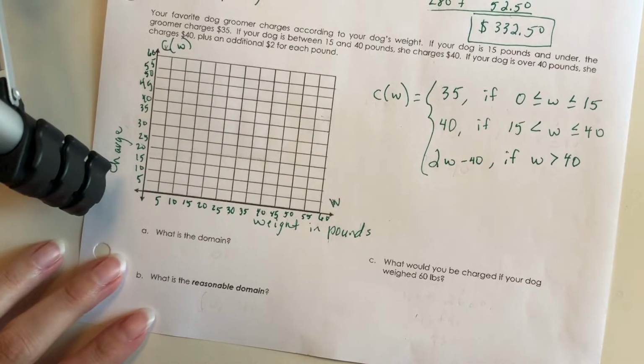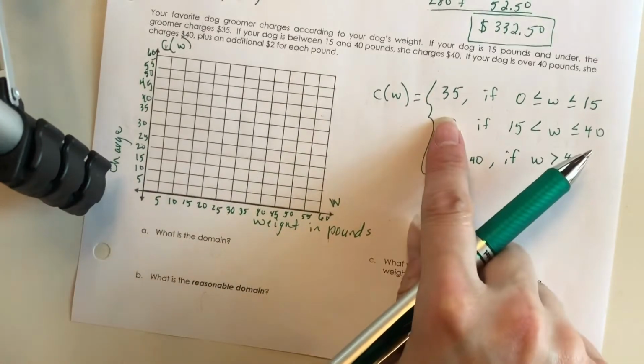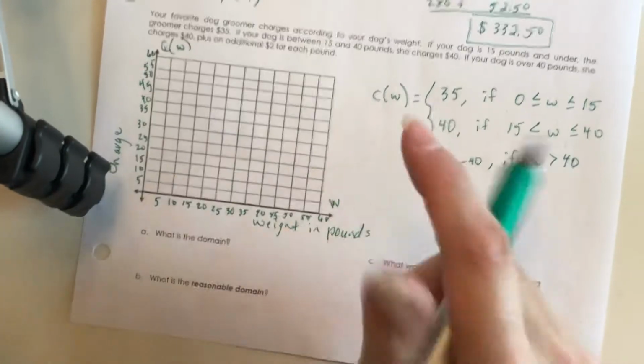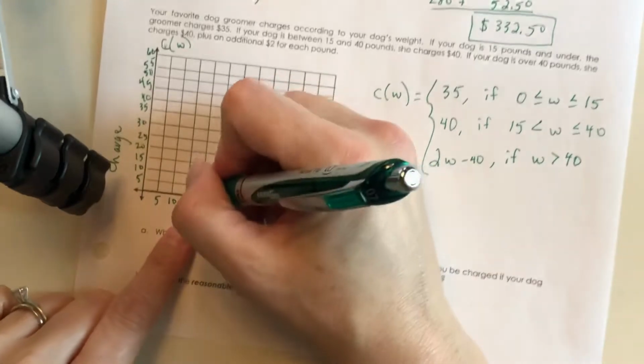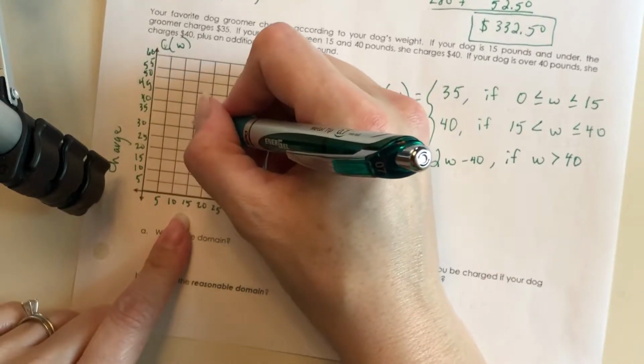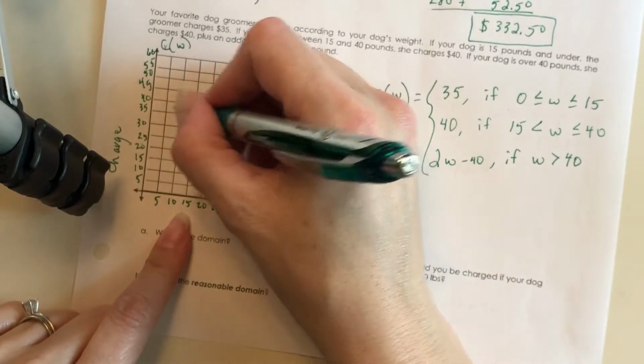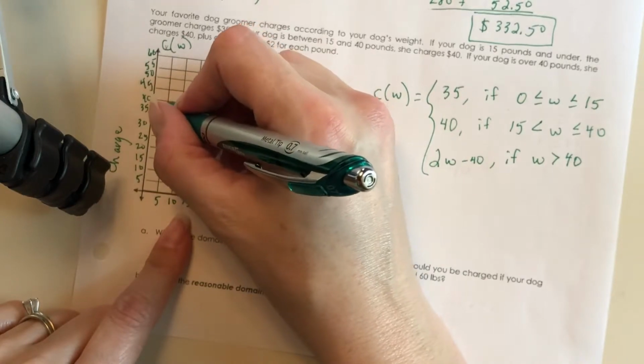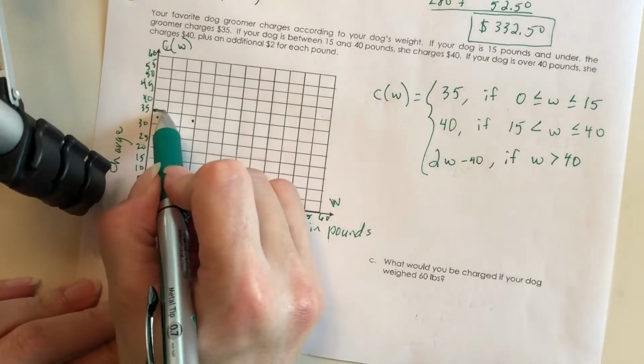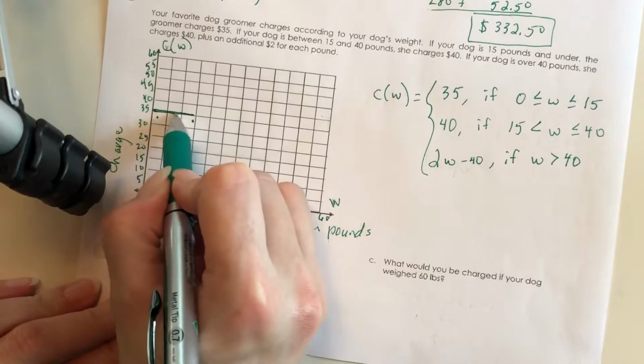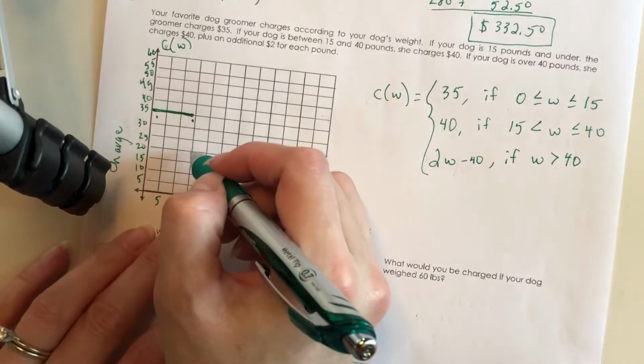So up to 15 pounds, it's going to be $35. So all the way up to here, we're going to find 35. Oops, I'm sorry, I put that in the wrong place. 35 is here. And it's going to be 35 up to 15 pounds.